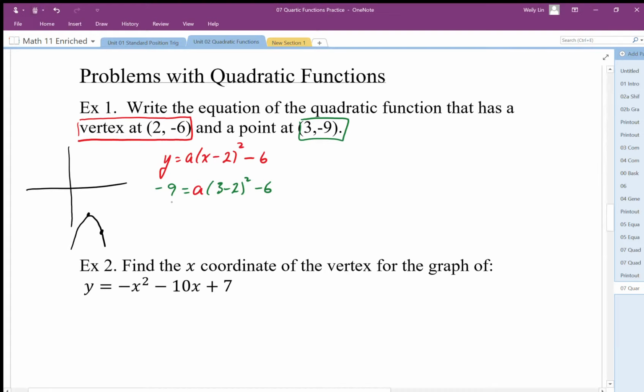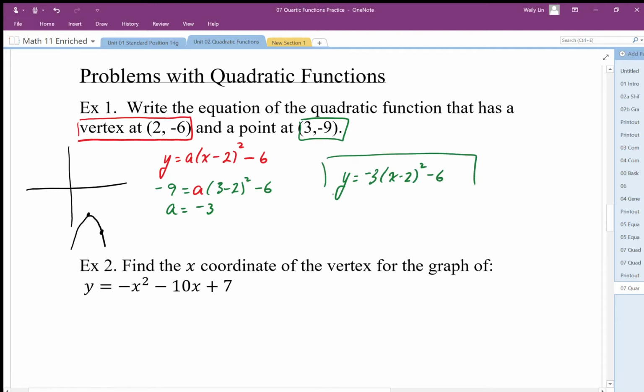When I solve for a, I'm going to add 6 to both sides. So a is equal to -3. Yeah, that makes sense. The parabola is upside down, and it's a vertical stretch. So my equation works out to be y equals -3(x minus 2) squared minus 6.